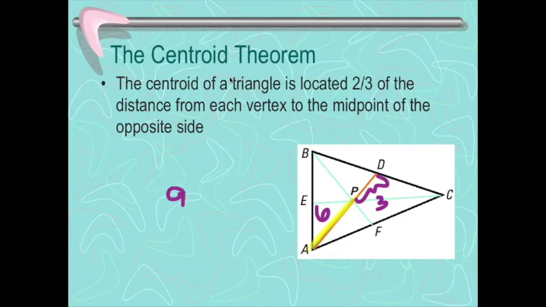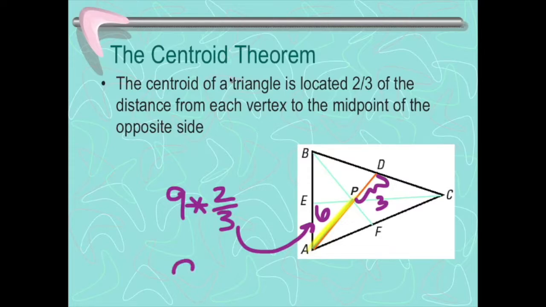So the whole thing's 9. Let's check it. If I took 9 and multiplied by 2/3, would I get the 6? We could multiply it all out, or you can do it on your calculator. What is 9 times 2/3? 6.